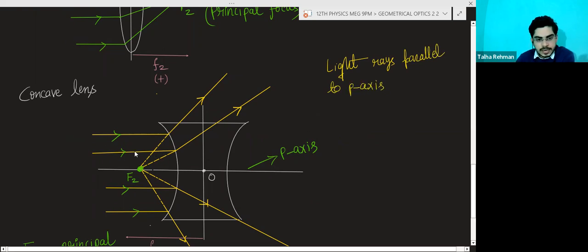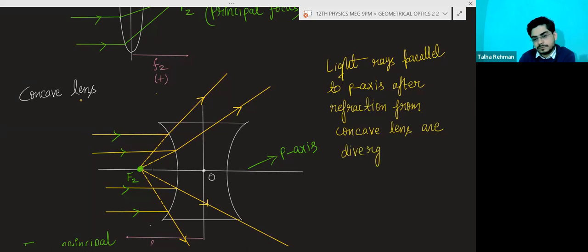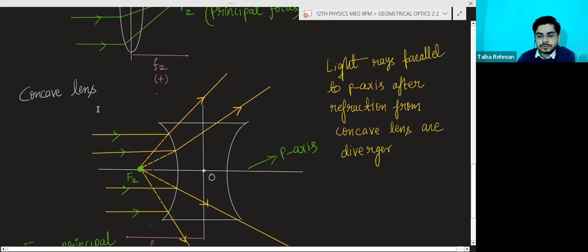See, this is the principal axis, and these light rays are parallel to it.